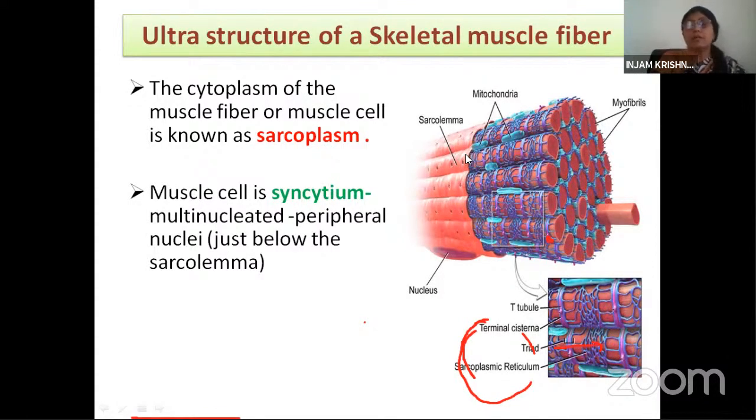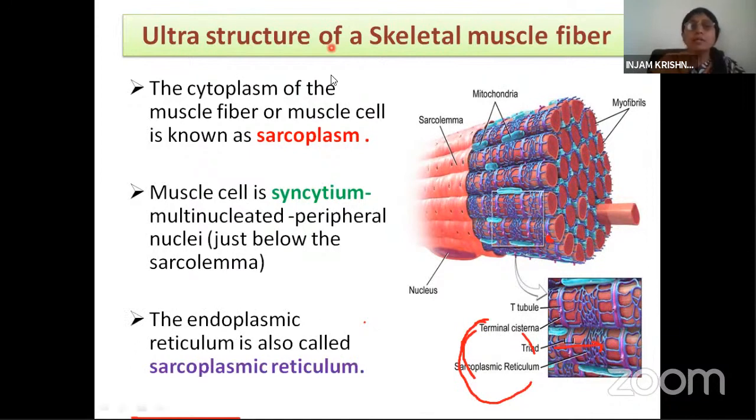Don't get confused between endomysium and sarcolemma. Endomysium is there, sarcolemma is there, and inside, sarcoplasm is there. Sarcoplasm also contains the sarcoplasmic reticulum. Whereas in our cell, generally we call it endoplasmic reticulum, here we call it sarcoplasmic reticulum.